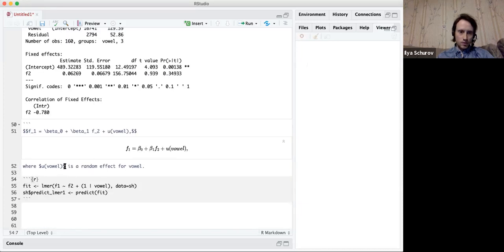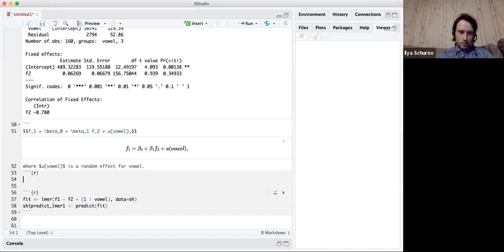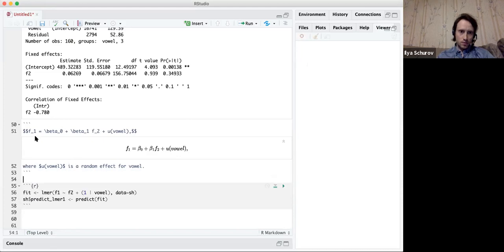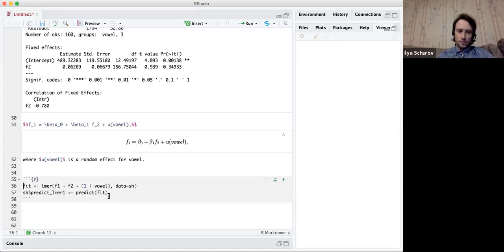I don't know why. So this function predict allows us to find predictions by our model for the same data as we used. And now let us visualize it.